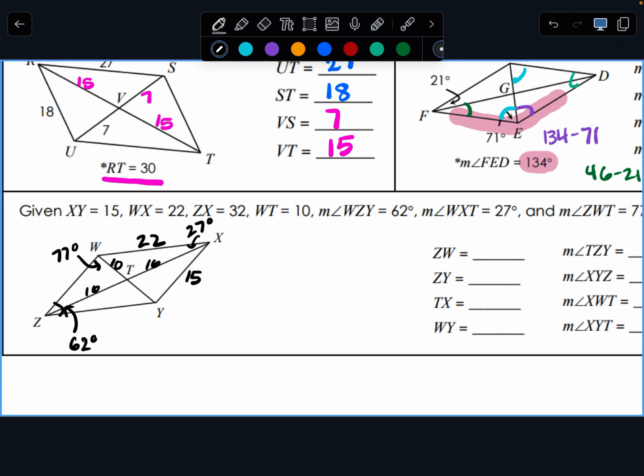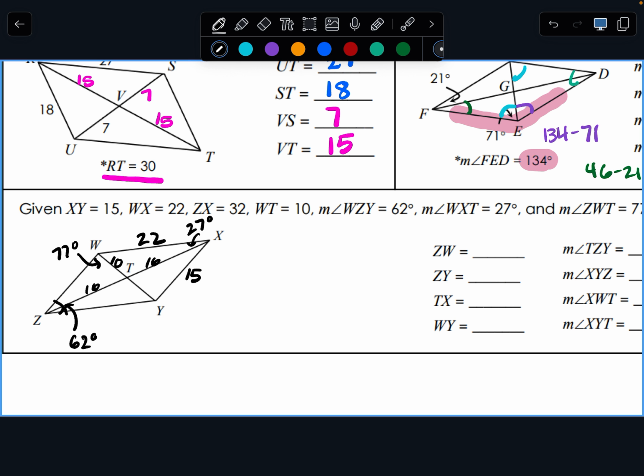So, ZW is 15 because the opposite side is 15. ZY is 22.